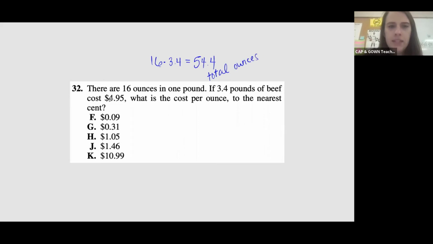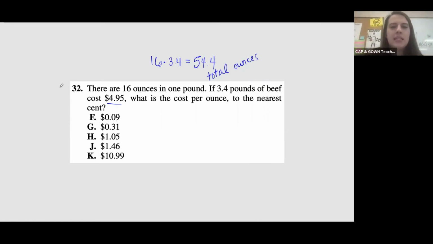Then I'm going to take that 4.95. Now, thinking about this, I want a really small number. If you were to divide 54.4 divided by that 4.95, you're going to get $10.